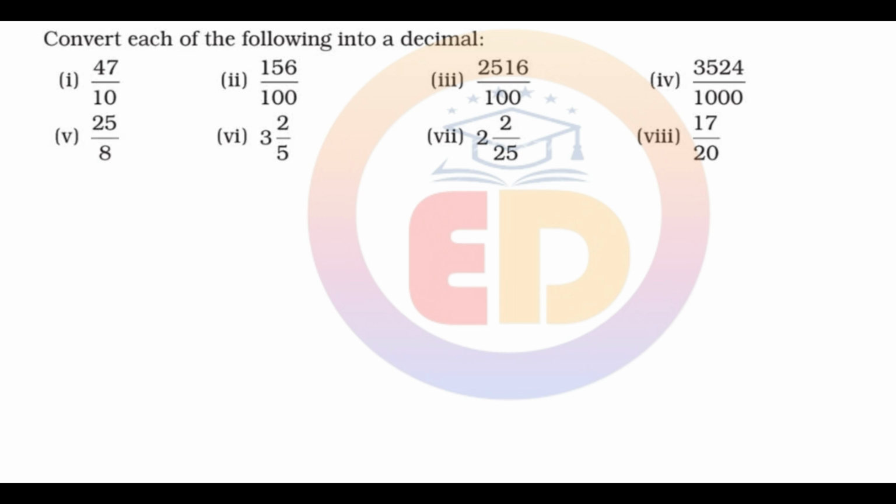Convert each of the following into a decimal. First example, 47 upon 10. 47 upon 10 is a decimal fraction, and if I want to convert them into a decimal number, look at the number of zeros in the denominator.